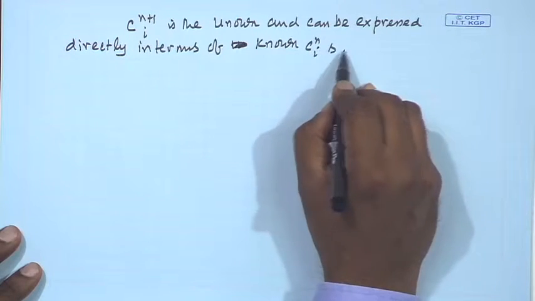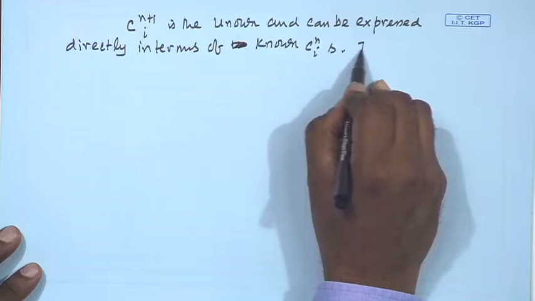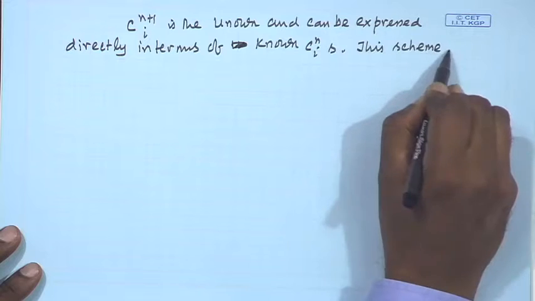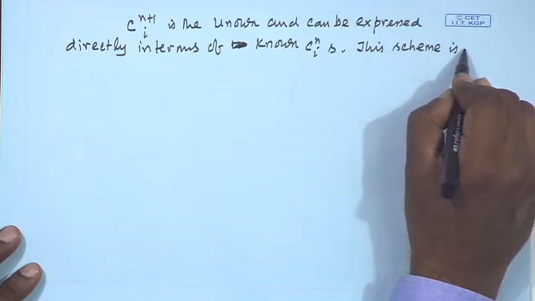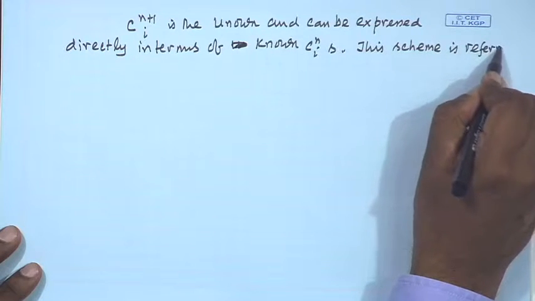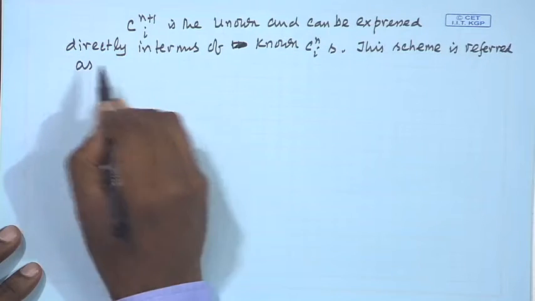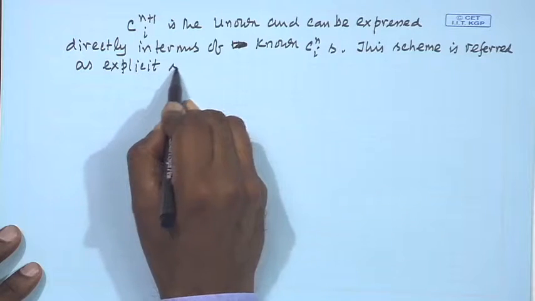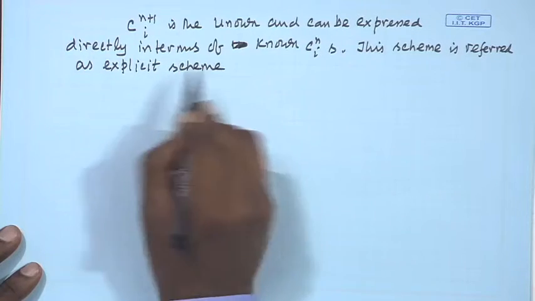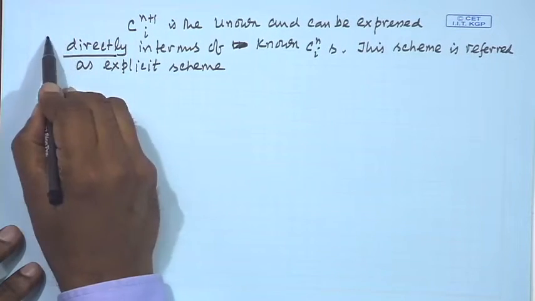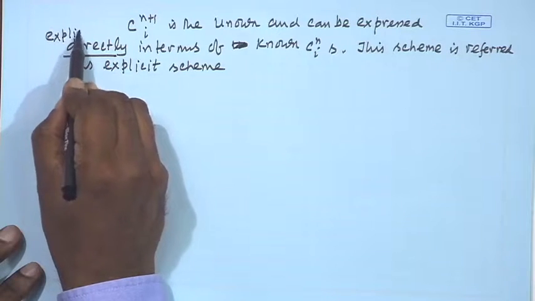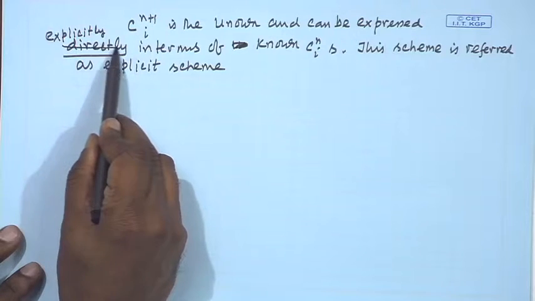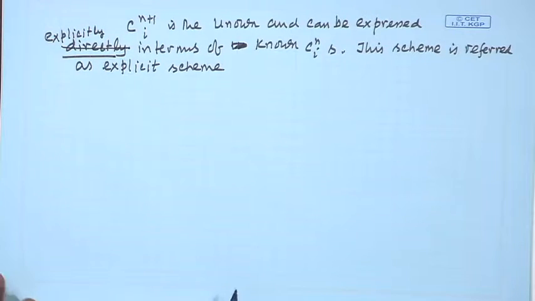So that's why this scheme is referred to as the explicit scheme. Directly or explicitly, that is the better way. Instead of directly, one can say explicit. So that's why it is an explicit scheme.